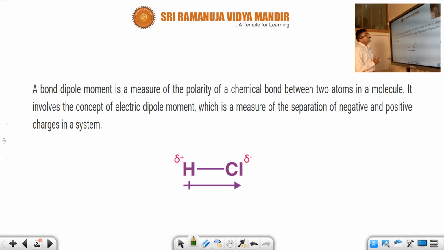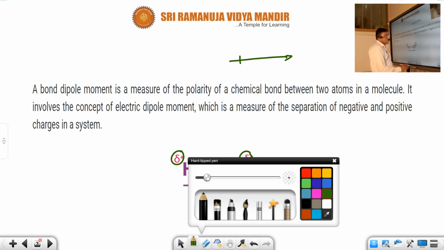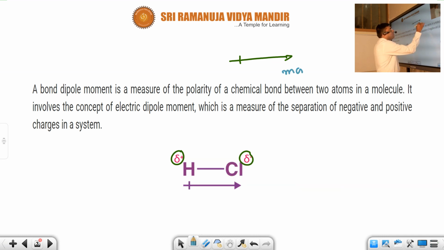So let us see here. There exists a polarity, delta plus and delta minus, due to the electronegativity difference. Students, the dipole is basically represented by using a pointed arrow. The arrow head should be on the more electronegative side, and the tail should be on the less electronegative side.